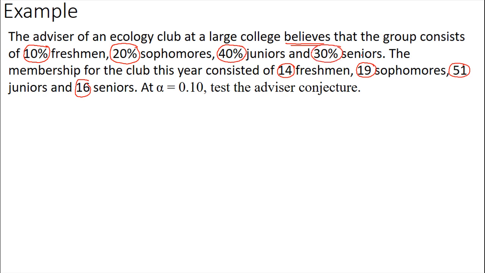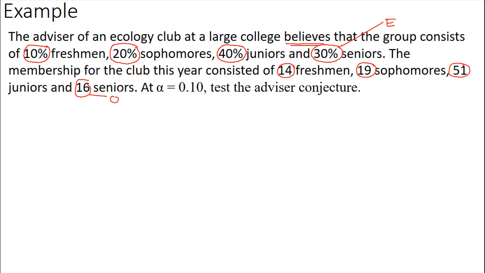So this is what he expects, and this is what he observed. Alright, so at alpha 0.10, test the advisor's conjecture.